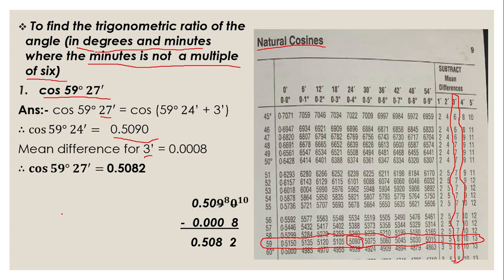So the intersection of 59 degree row and 3 minute column is 8.